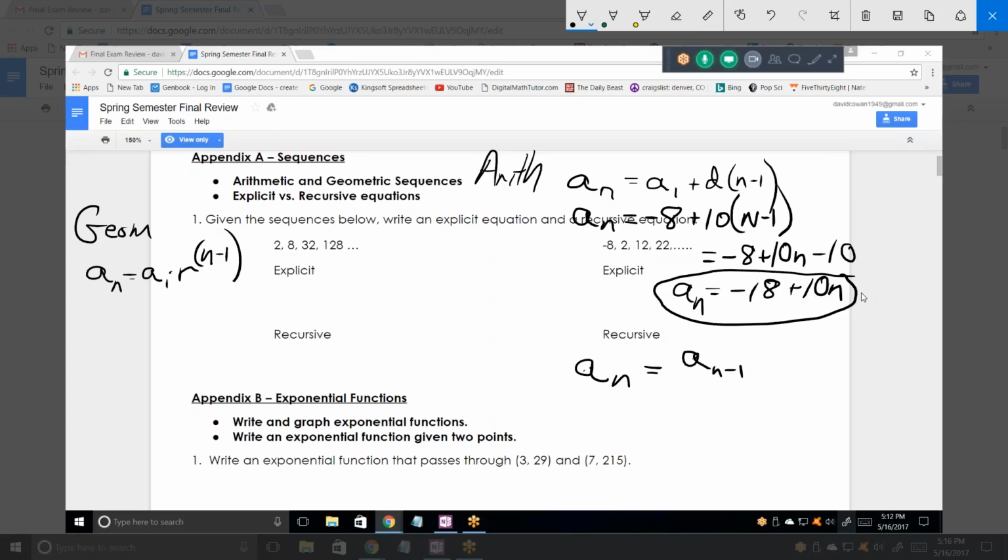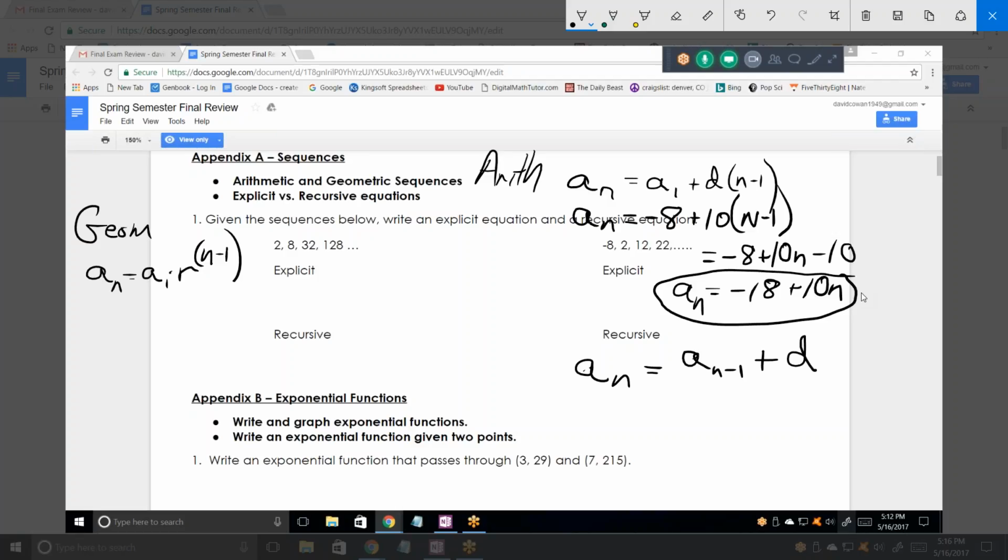Now, what do I have to do to give the recursive? Clearly, the nth term is not equal to the previous term, but what is it equal to? The previous term plus the common difference. Always. Every term up here is equal to the previous term plus 10.